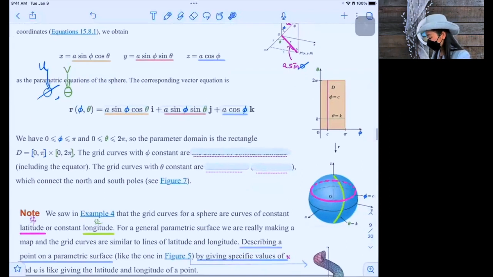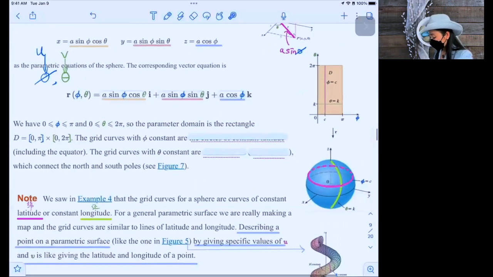So let's keep phi to be a constant C. So the z coordinate will be constant, and then for these two over here, when you square this plus the square of this, you should get the equation of what kind of curve? Equation of a circle. Yes, you got it.